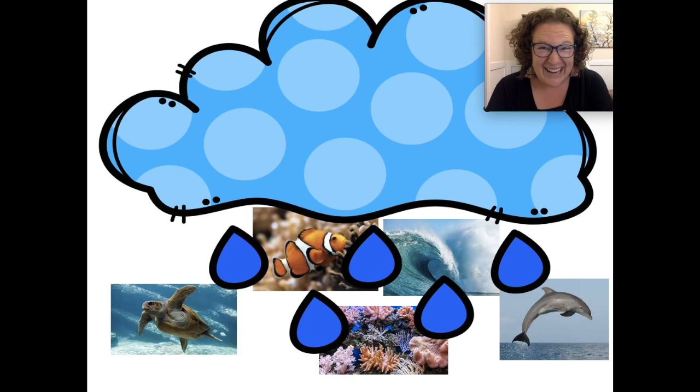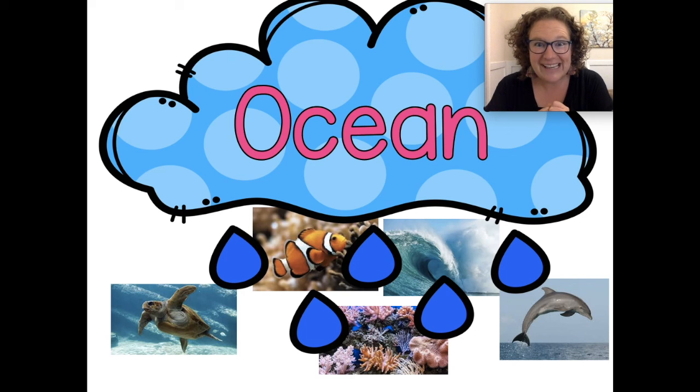Go ahead, shout it out at me. Did you say ocean? Because all of those pictures are details about the ocean, and when you put them together, we know that all of them are about the ocean.